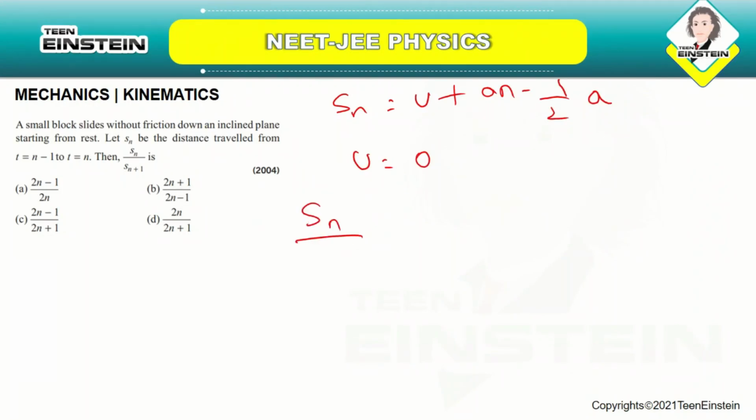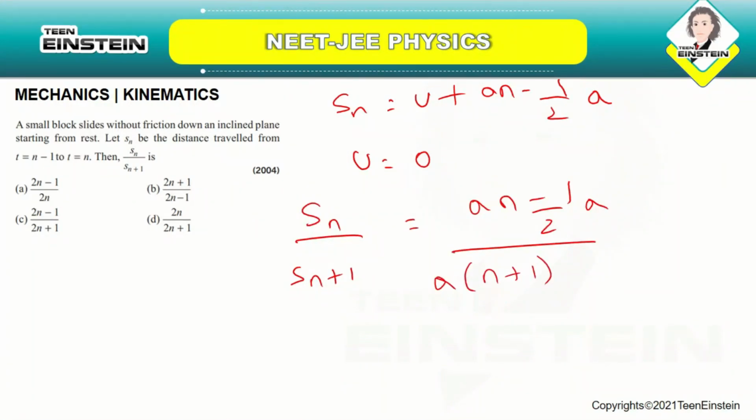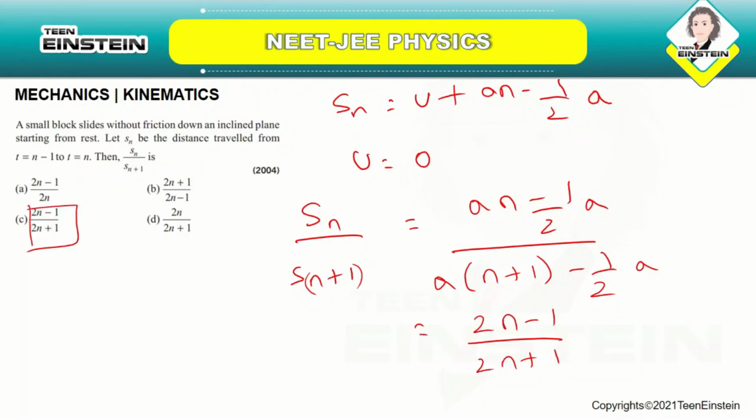So, Sn by Sn plus 1 is equal to a into n minus half, divided by a into n plus 1 minus half a, because it is Sn plus 1. Okay, it is a suffix. So, if you solve this, you will be getting it as 2n minus 1 by 2n plus 1. So, the correct answer is option number C, 2n minus 1 by 2n plus 1.